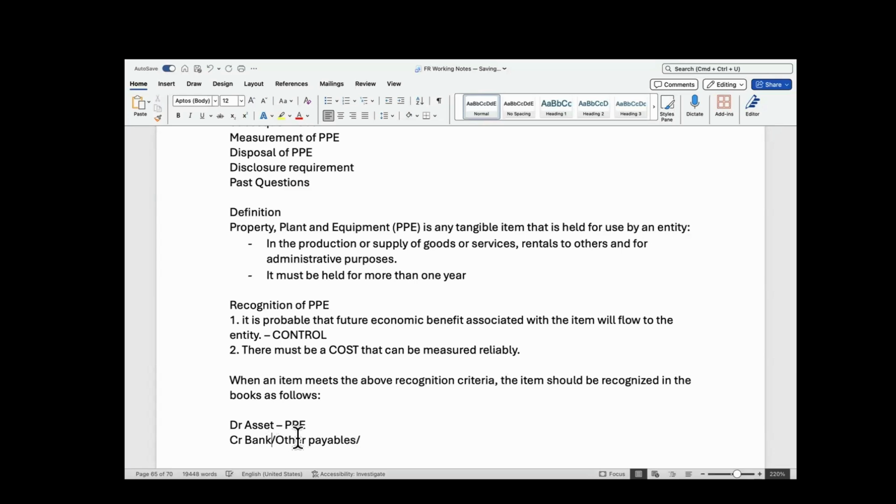But who can tell me, if we did not buy the item, if we were gifted, if somebody gave us the asset, what we're going to credit? Can anybody try? If you did not buy the asset, you didn't pay for it in cash, you are not going to pay on credit, but they gifted you, what will you credit? Lekon, I can see your hand.